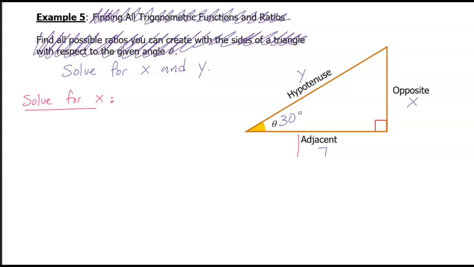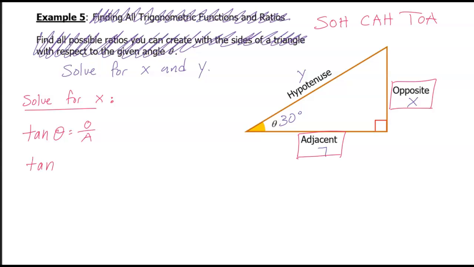Yes, because we're given the side length of 7 and we're trying to find the opposite side. So we have to ask ourselves, based on SOHCAHTOA, which one uses O and A? Tangent, where tangent of theta is equal to O over A.